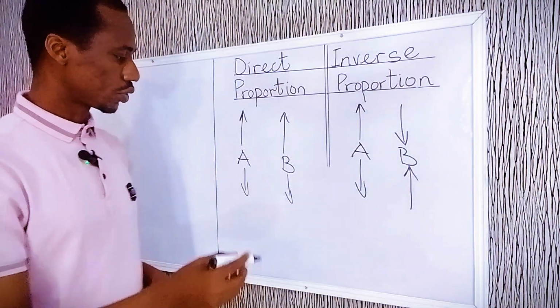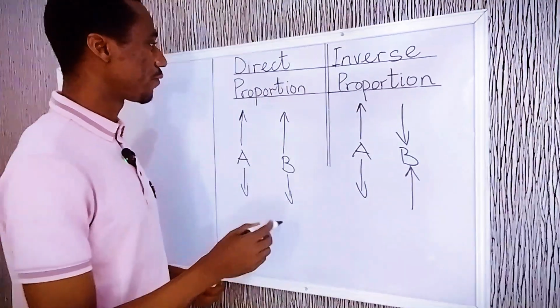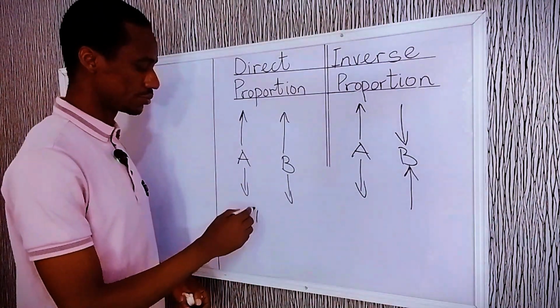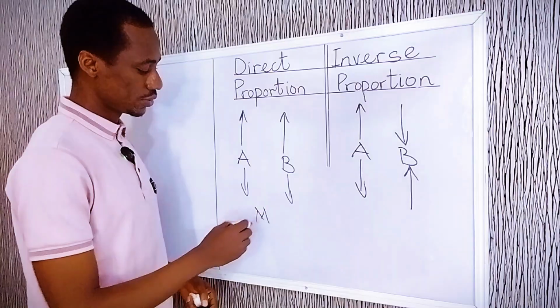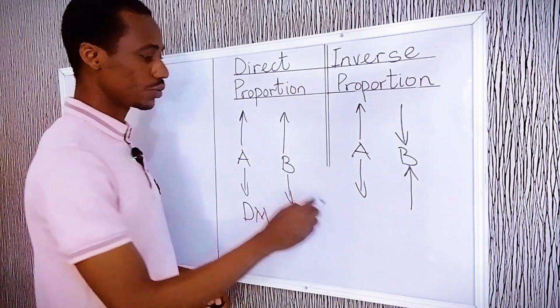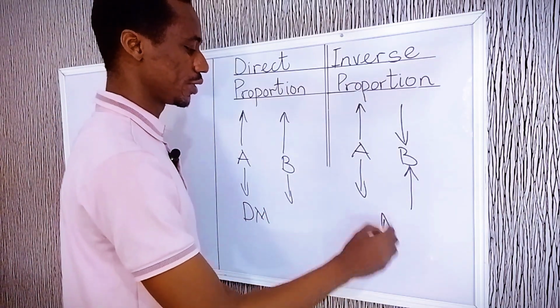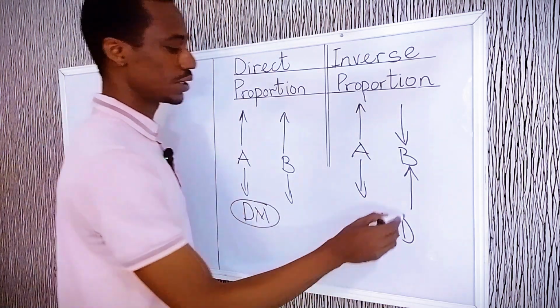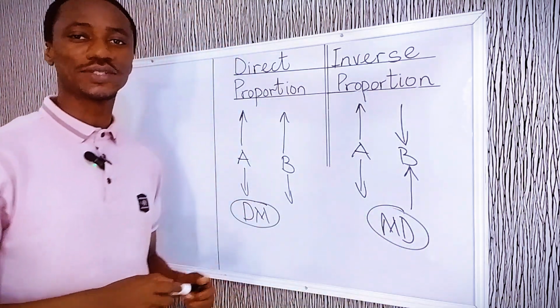For direct proportion, I call it DM, and the one for inverse proportion, I call it MD. DM and MD, as simple as that.